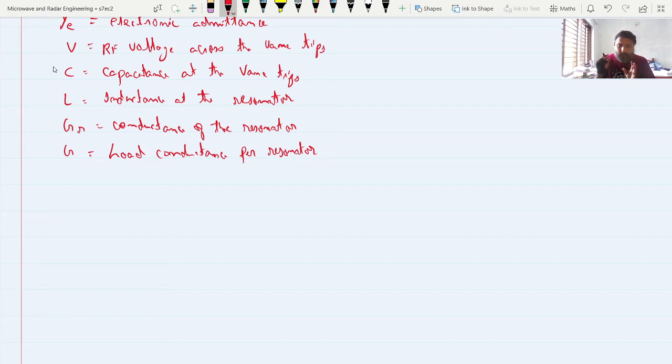As I told you, each resonator will take the form of a separate resonance circuit.